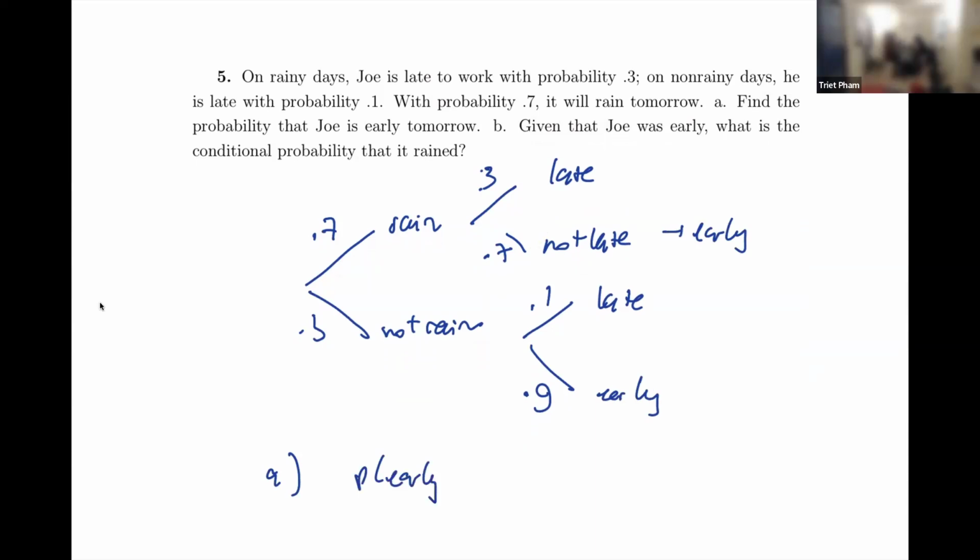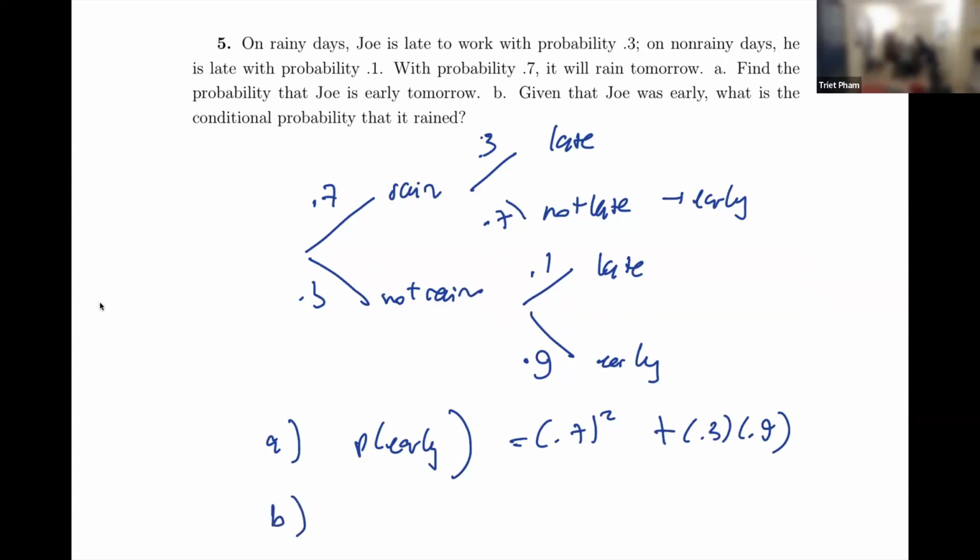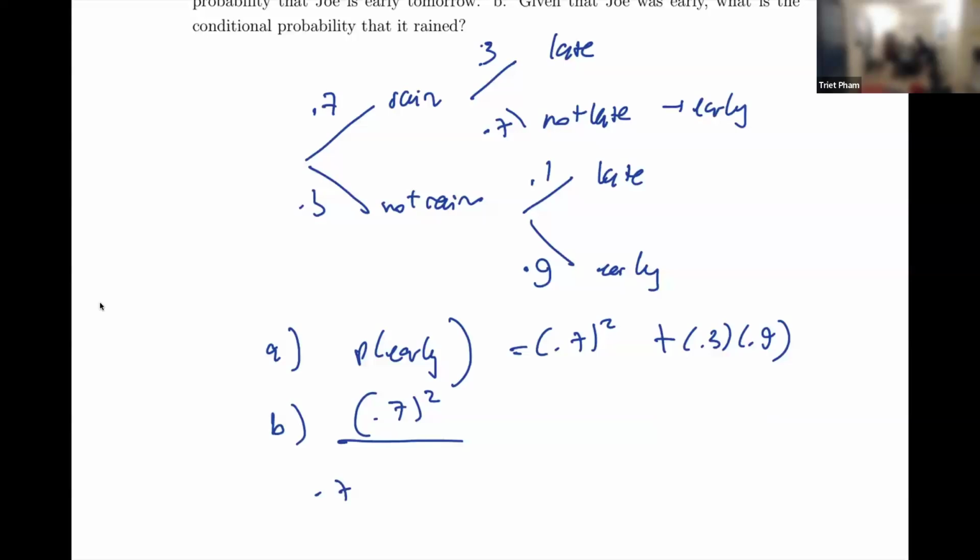So P of early would be the sum of these two branches. And B, given that we're on this branch, the probability that you're on the first, so really it's the relative weight of the first over the total sum. Okay. Any question?